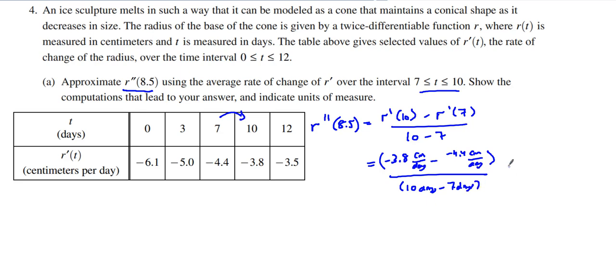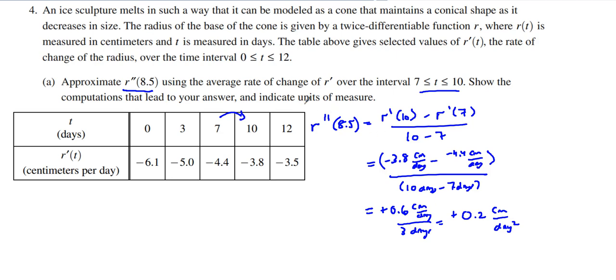So we got negative 3.8 minus a negative 4.4, which means it's adding 4.4, which means we end up getting positive 0.6 in the numerator, centimeters per day, over 3 days. And we can reduce that down to positive 0.2 centimeters per day squared.